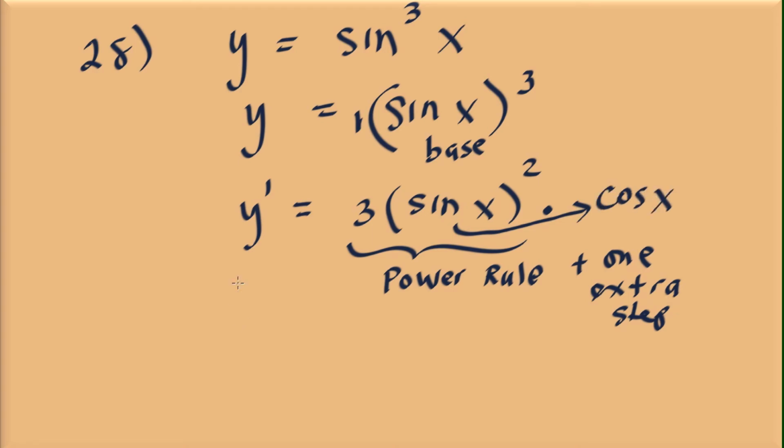Okay, so that's why it's called a generalized power rule or simply chain rule. So y prime is, you can reorganize this into 3 cosine x and then sine x squared, or back to 3 cosine x sine squared x. Okay, number 29.